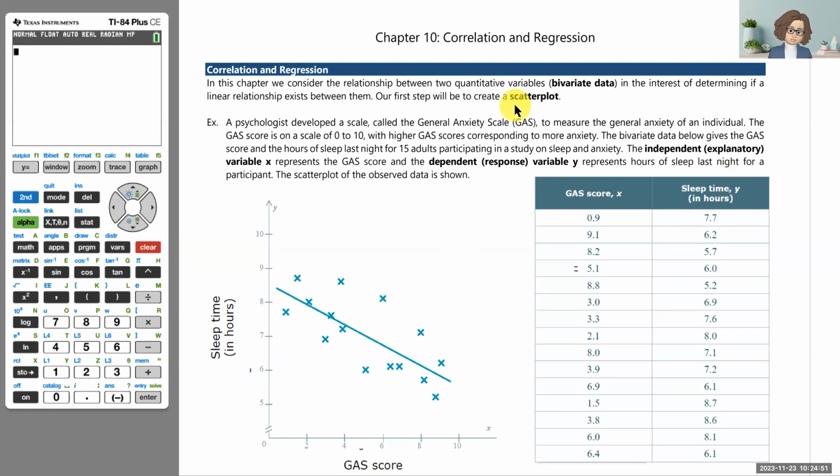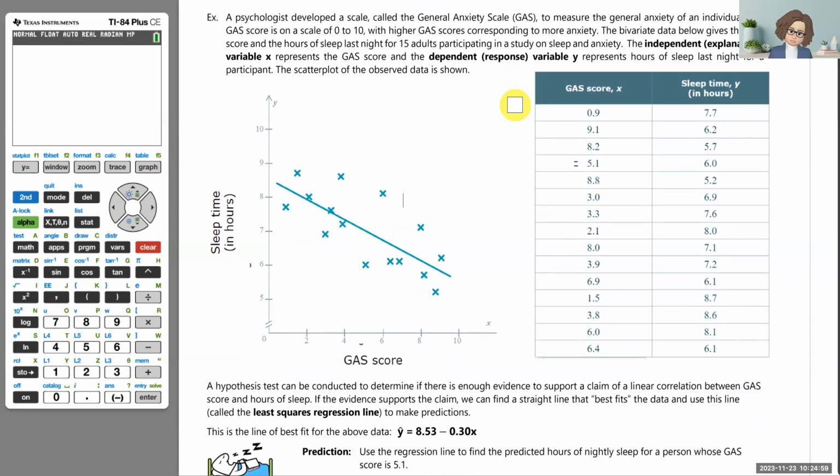All right, so a scatter plot is a graph of the ordered pairs for our participants. So each of these ordered pairs that is graphed is a participant. I'm going to focus on this participant, which is my fourth one there.